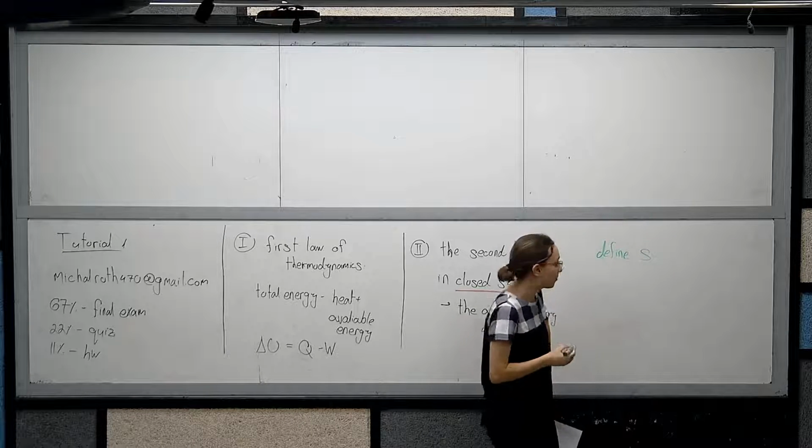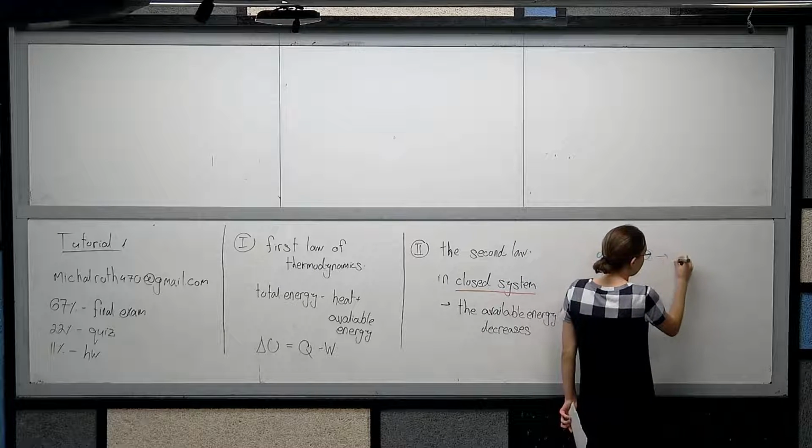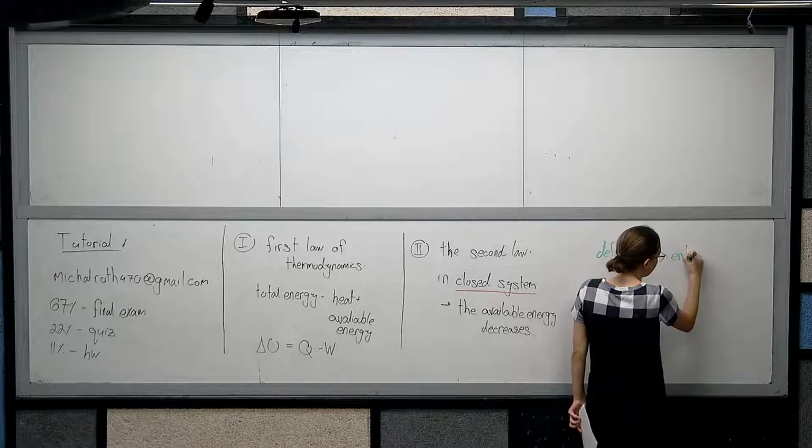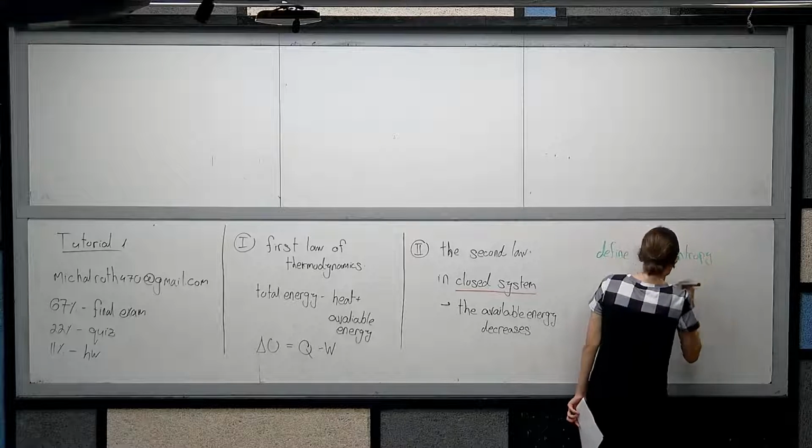We write it as S, and it's called the entropy of the system.